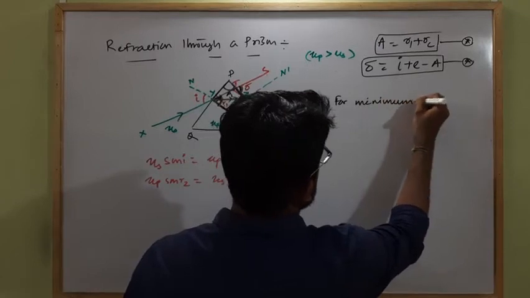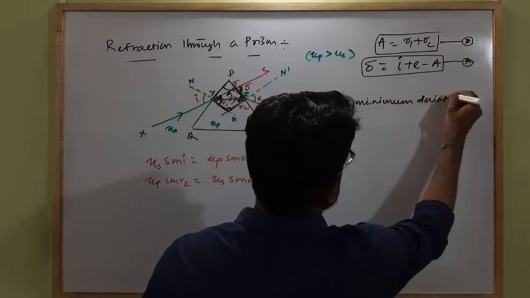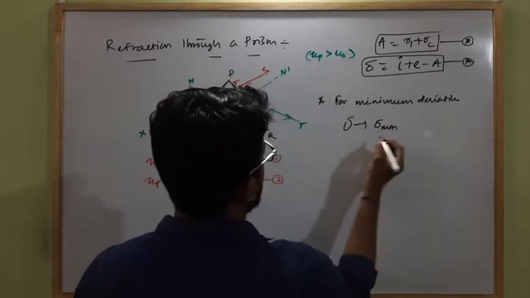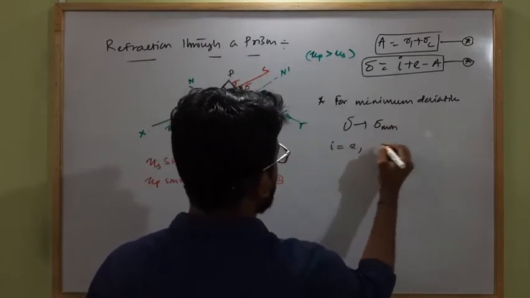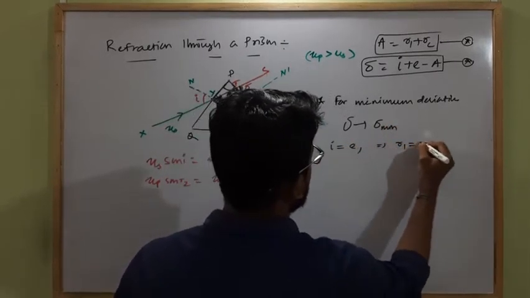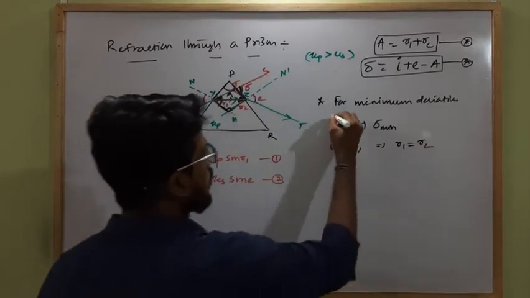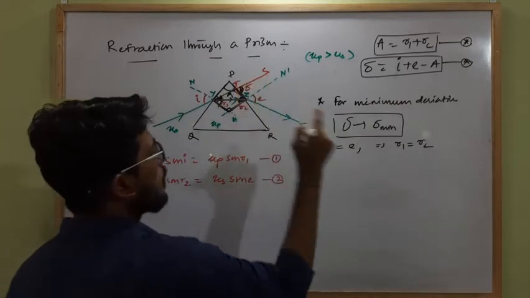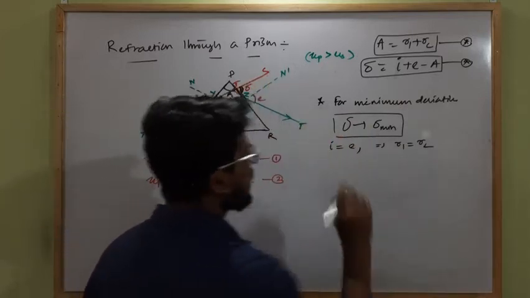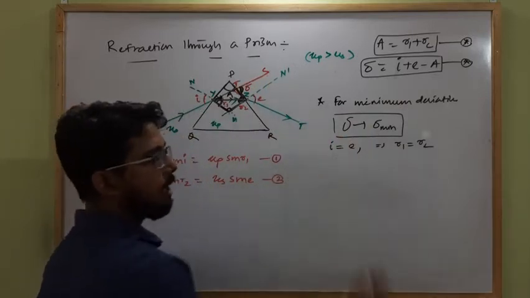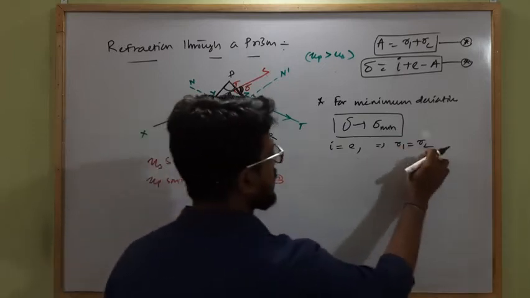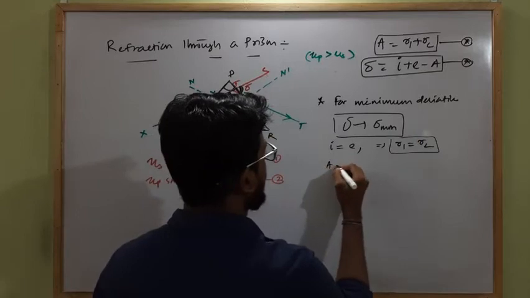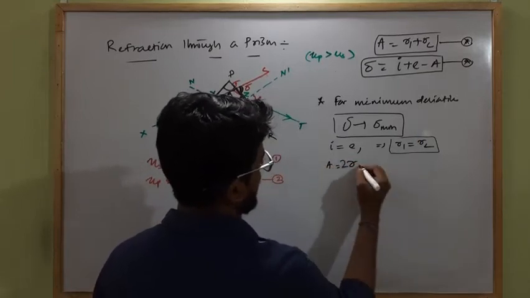So for minimum deviation, you have to remember the condition: delta tends to delta minimum when I equal to E, so this implies R1 equal to R2. So this is the condition for minimum deviation. The deviation angle delta will be minimum only when I equal to E, that is, angle of incidence equal to angle of emergence, and automatically R1 equal to R2, so we will get A equal to 2R1.